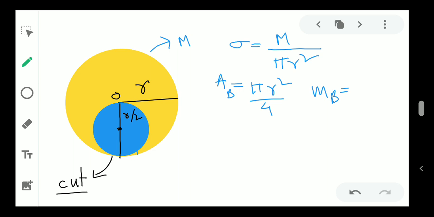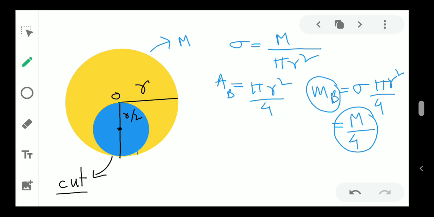The mass of the blue one will be sigma, the density per unit area, into the total area of this blue portion. If I put the values here, it will come to m by 4. So the mass of this blue one is m by 4, and the mass of the yellow disk is m. Okay, so this much we have got.